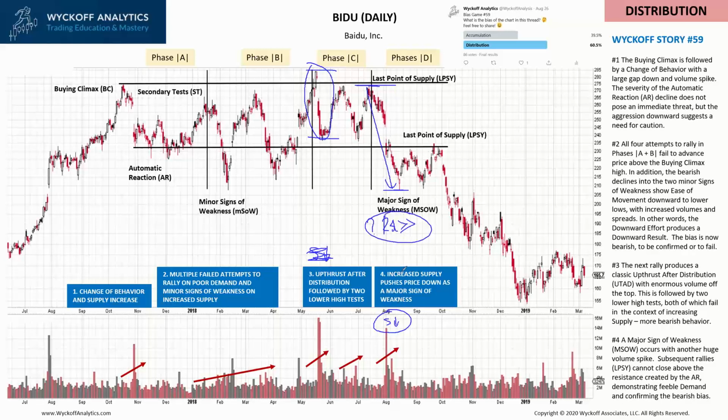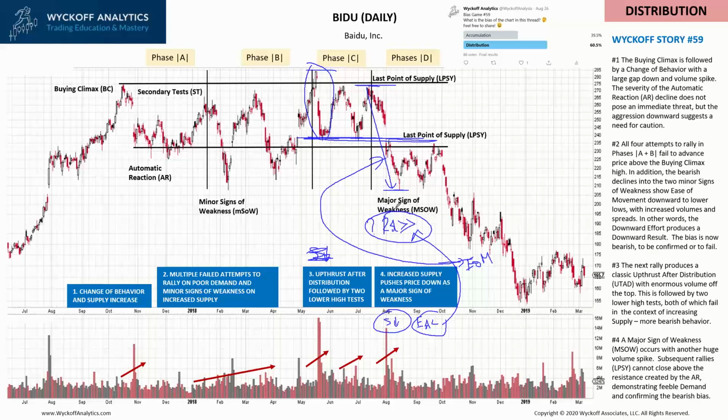So this is what we have in terms of slightly decreased effort to the downside that produces a much more significant result to the downside. What is the typical situation when that happens? Ease of movement. And we do commit below the area of the support here, so it shows us that ease of movement happens on a slightly lower supply signature.